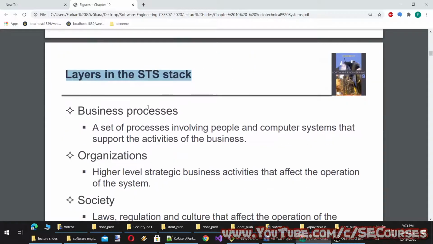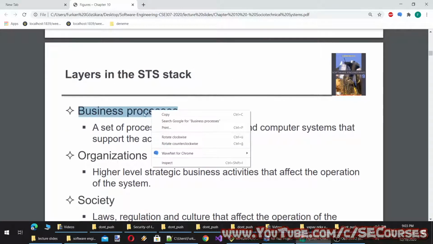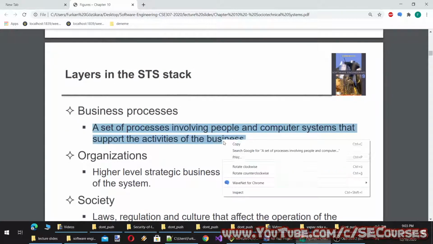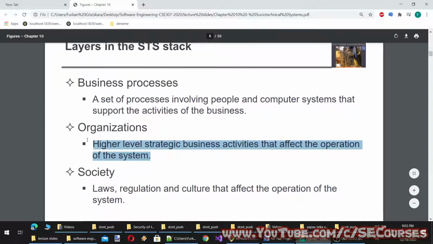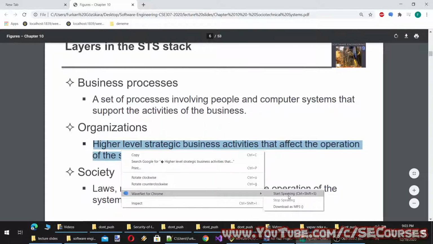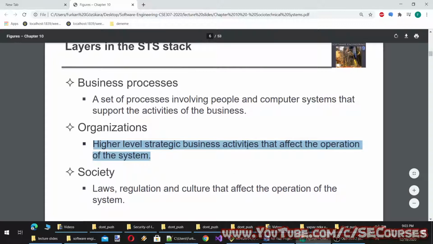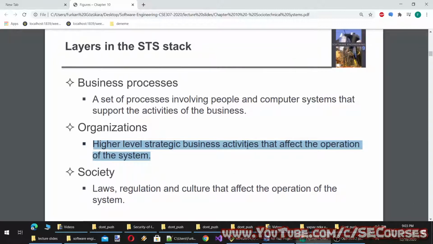Okay, layers in the STS stack are as follows: business processes, a set of processes involving people and computer systems that support the activities of the business. Organizations: higher-level strategic business activities that affect the operation of the system.